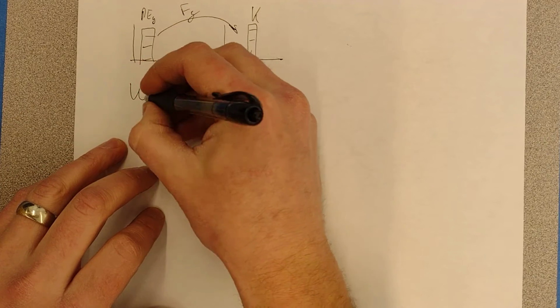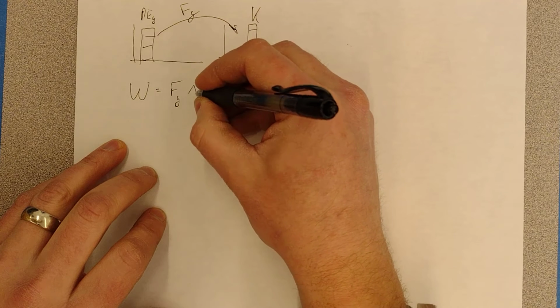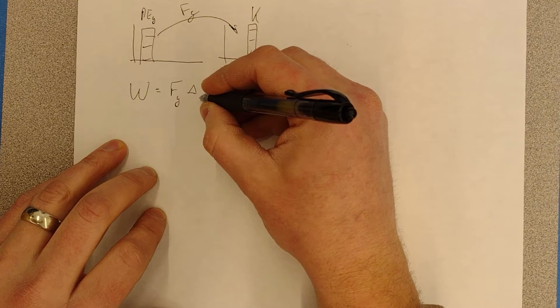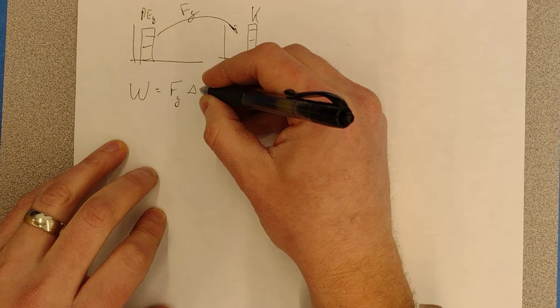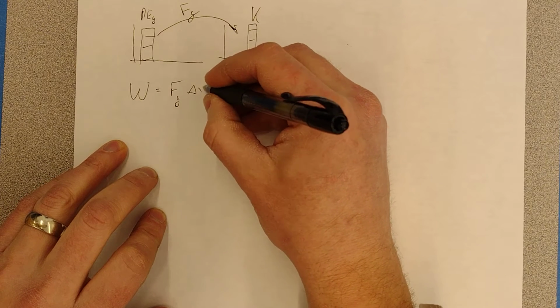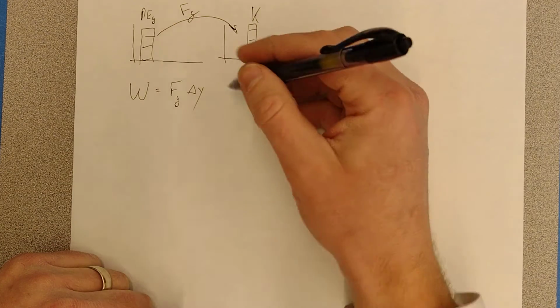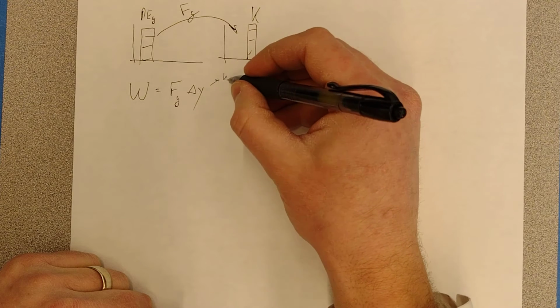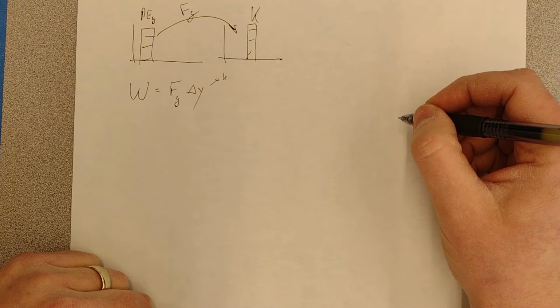The amount of work that gravity does is the force of gravity multiplied by whatever the displacement is, which you could call delta Y if you wished, or you could call delta H. And usually we just say work equals Fg delta Y, which ends up being mg h. But there's a little more to it.